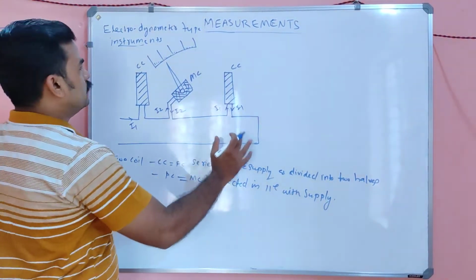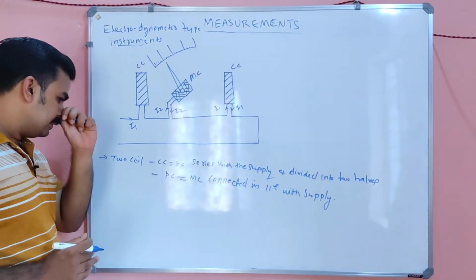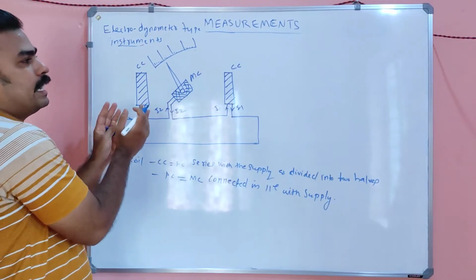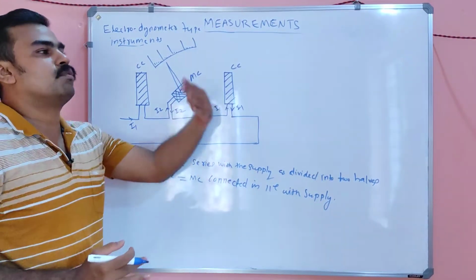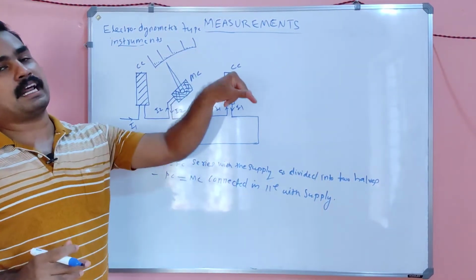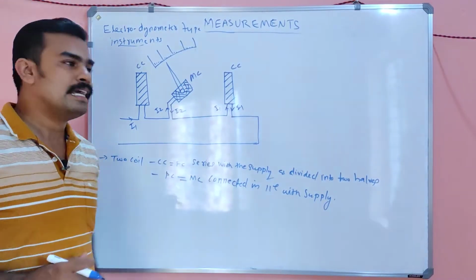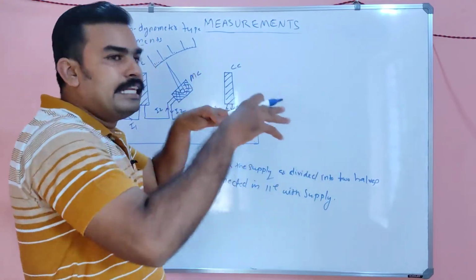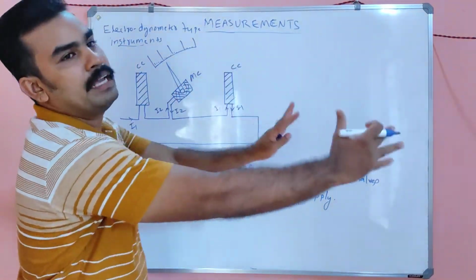This is the principle, but it can be utilized as either a wattmeter, a voltmeter, an ammeter, or an ohmmeter. That type of instrument can accommodate this principle.